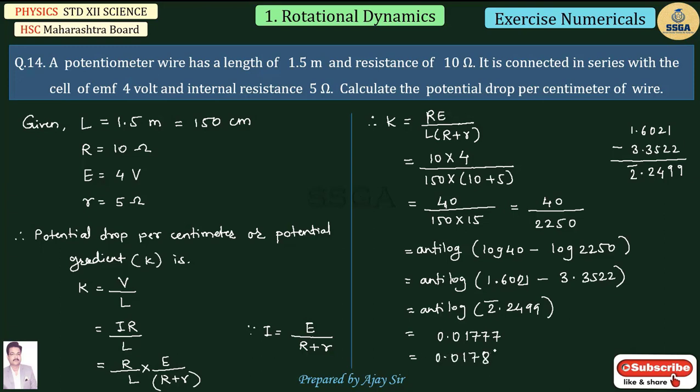So this is volt per centimeter, this is the potential gradient, or potential drop. This is the answer. This is the potential gradient per unit length of the wire.